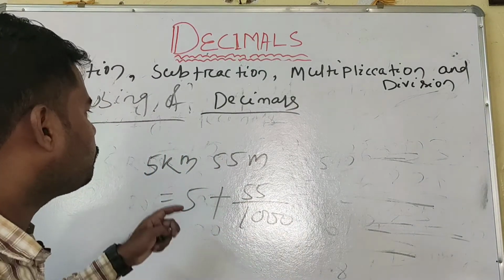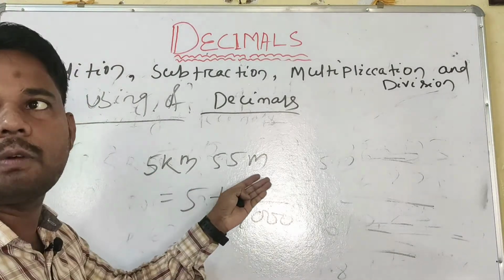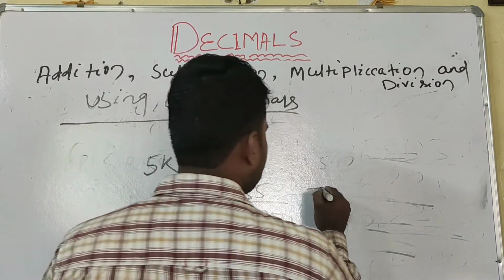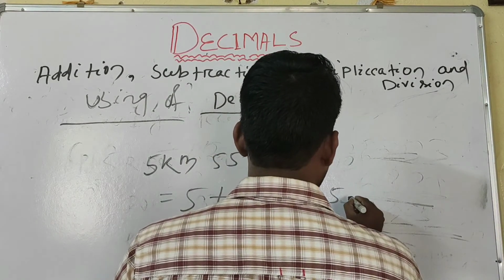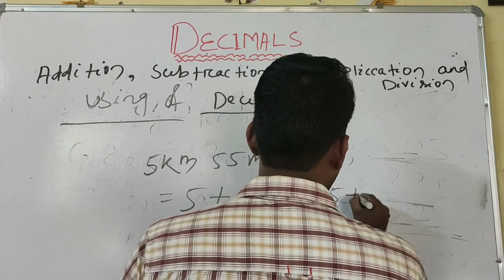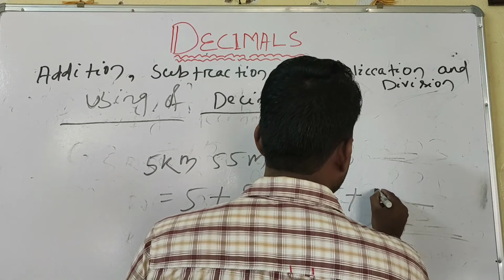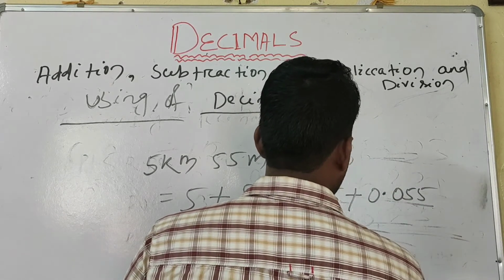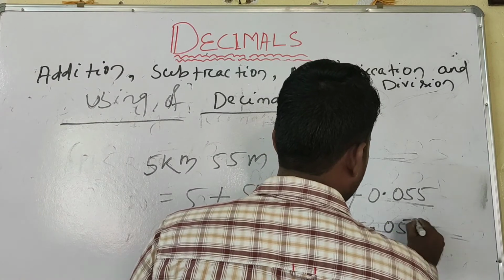Why? Because 1 kilometer is equal to 1000 meter. So 5 plus 55 by 1000, and this we write as 5 plus 0.055, which is 5.055. Okay.